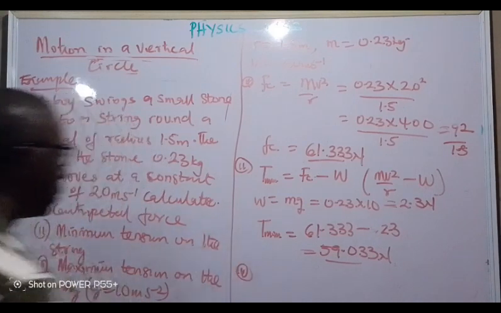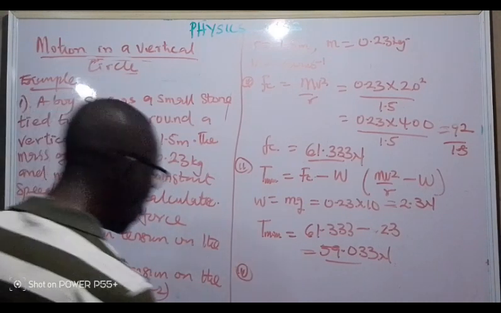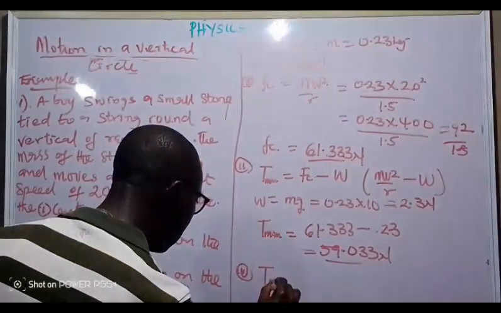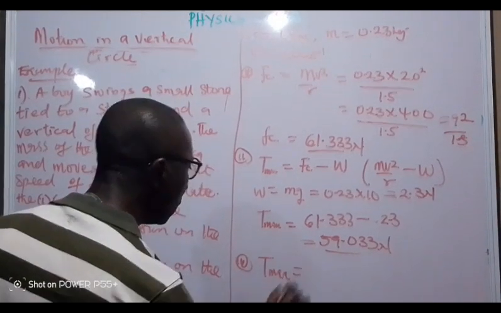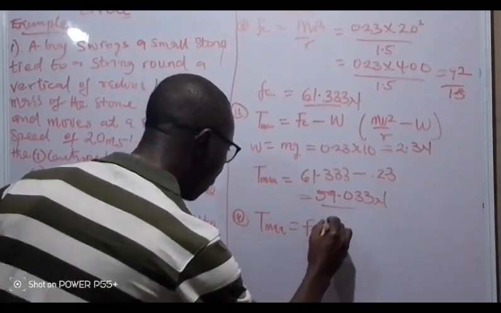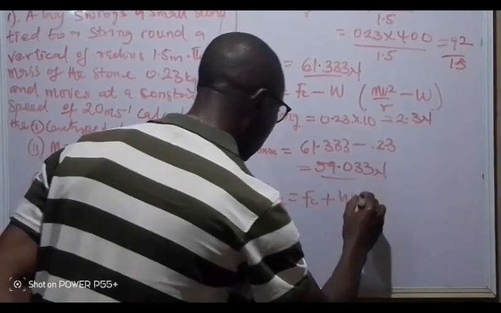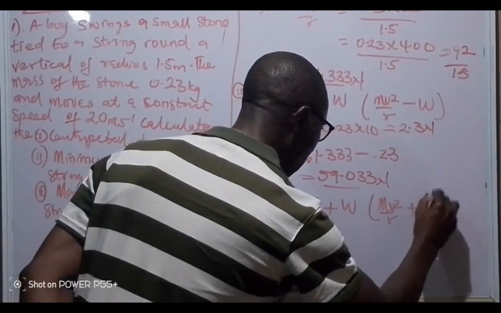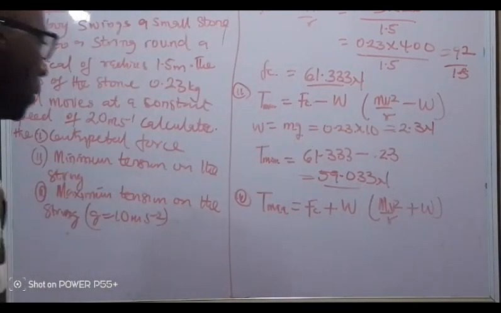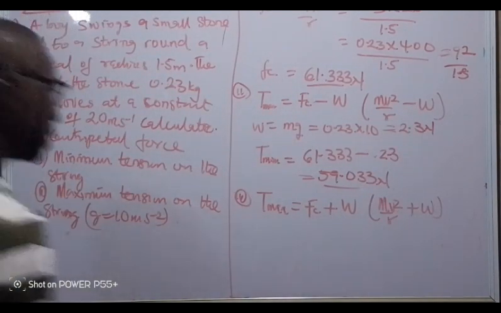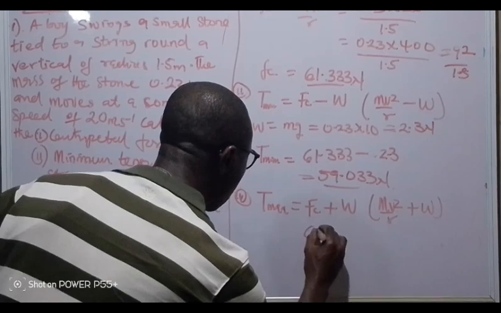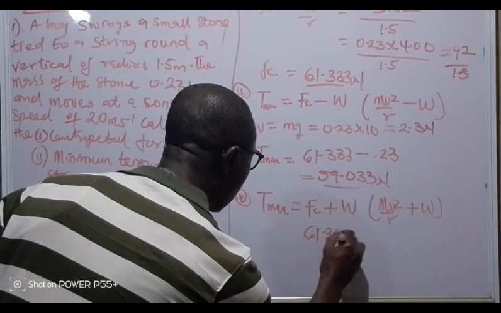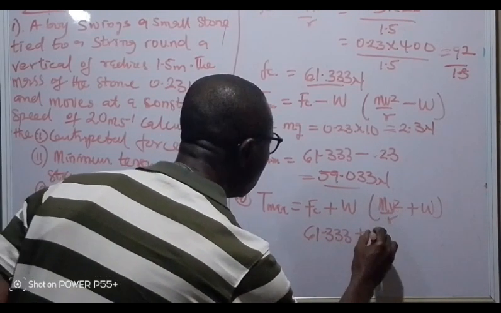The last one there is maximum tension. So that will be T maximum. That will be centripetal force plus weight. That is mv square over r plus W. And we've known the centripetal force and the weight. So that will be 61.333 plus 2.3.